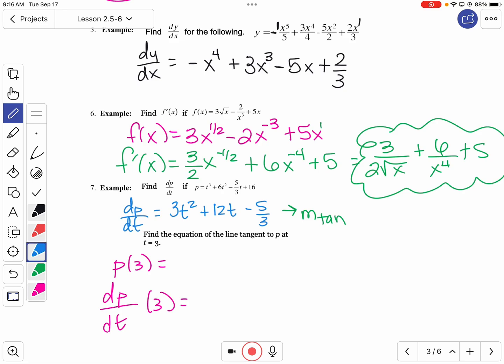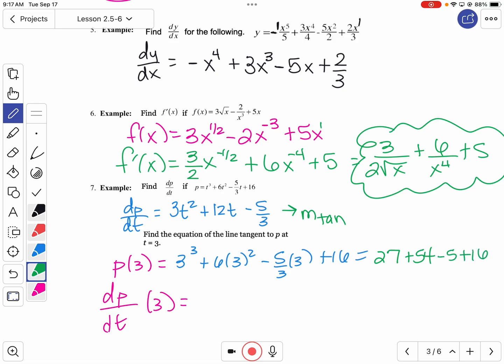So p at 3: 3 cubed plus 6 times 3 squared minus 5/3 times 3 plus 16. Now, this isn't everybody's favorite kind of arithmetic, but it's not undoable, all right? 3 to the third is how much? 27. 3 squared is 9 times 6 is 54. 5/3 times 3, 5, and then plus 16.